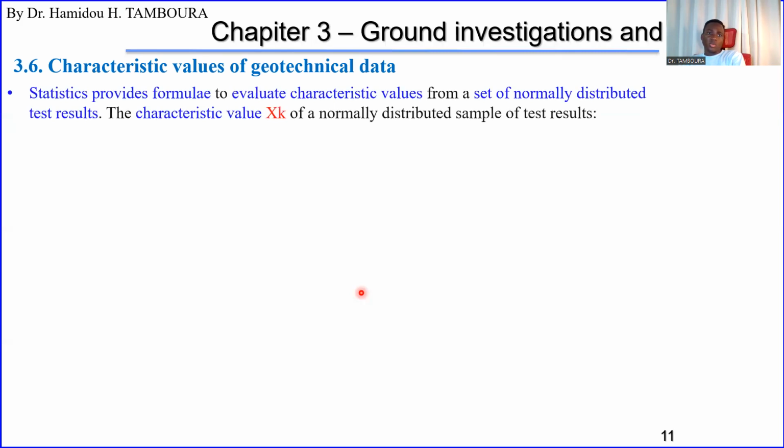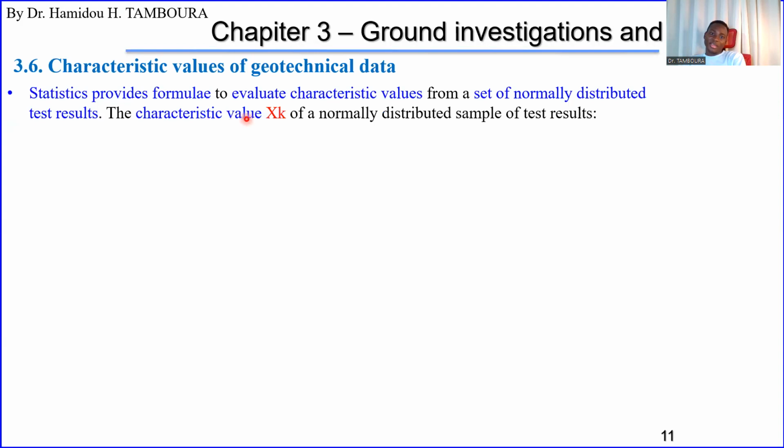Okay, so there are some formulas for statistics, and this is the accepted statistical formula to evaluate the characteristic value from a set of normally distributed test results. Normal distribution, you know, probability, for those who know a little bit of mathematics.